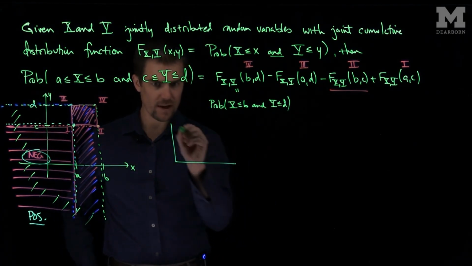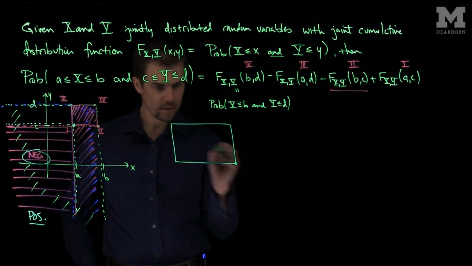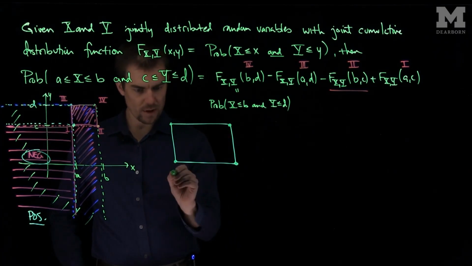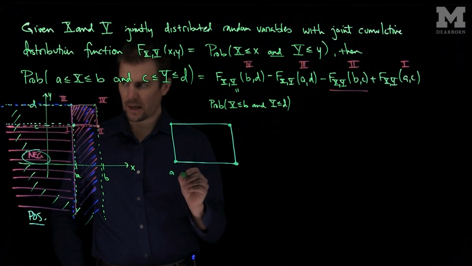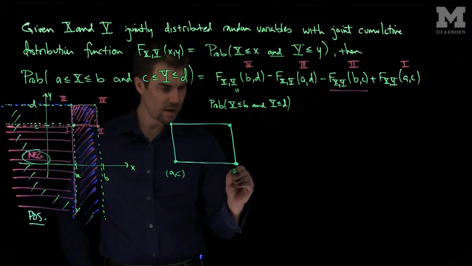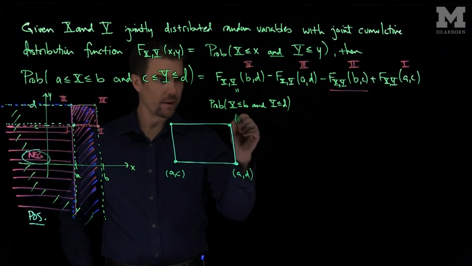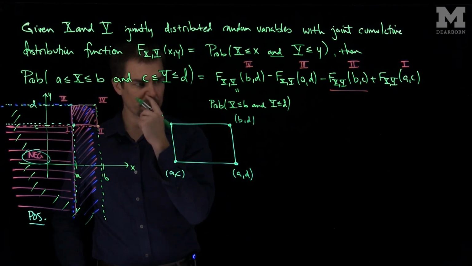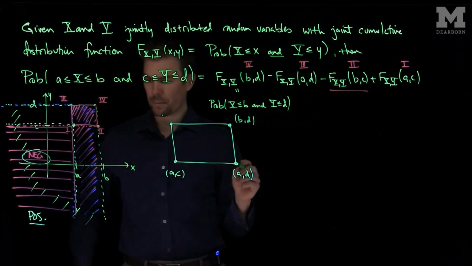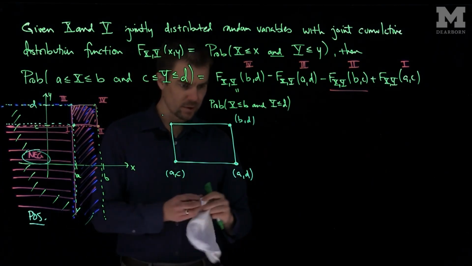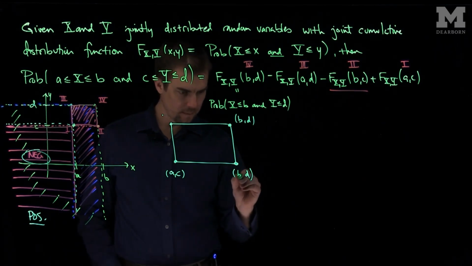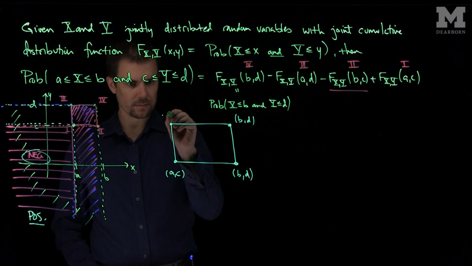If we have this rectangle over here with those 4 corner points, this would be the point A, comma C. This will be A, comma D. This will be B, comma D. And this point over here will be the point B, comma C. This point over here is BD, and this point over here will be the point AD.